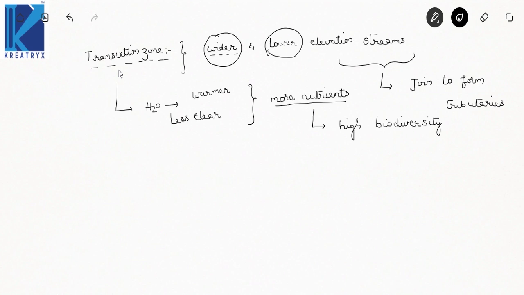Now, let us come to the next zone called floodplain zone. Now what is the main point regarding this floodplain zone? Rivers get fragmented to form distributaries, not tributaries, distributaries. In the transition zone, tributaries are formed. In the floodplain zone, distributaries form, which empty into oceans at estuaries.